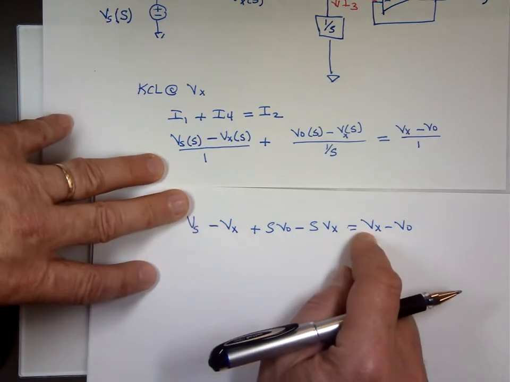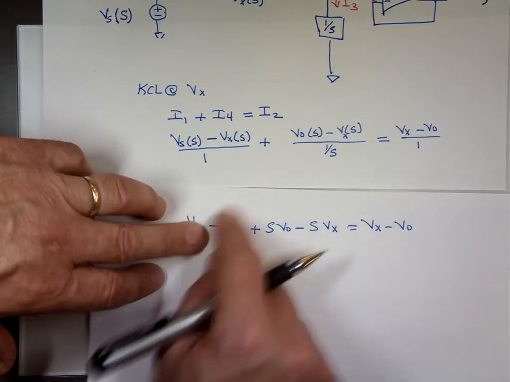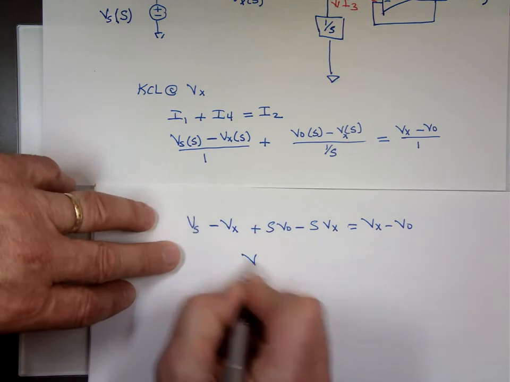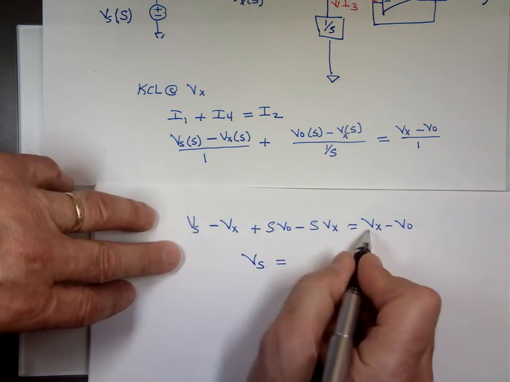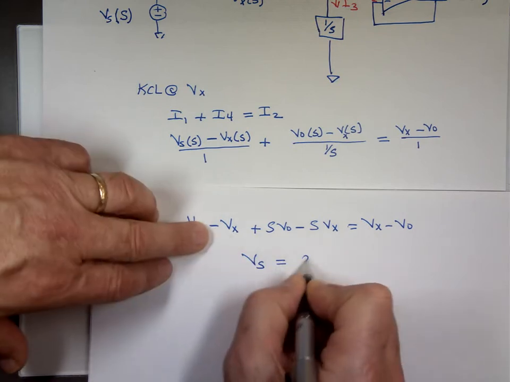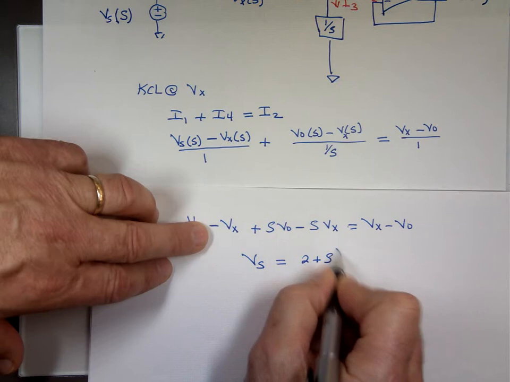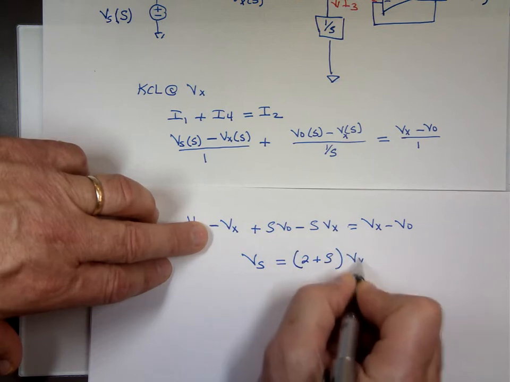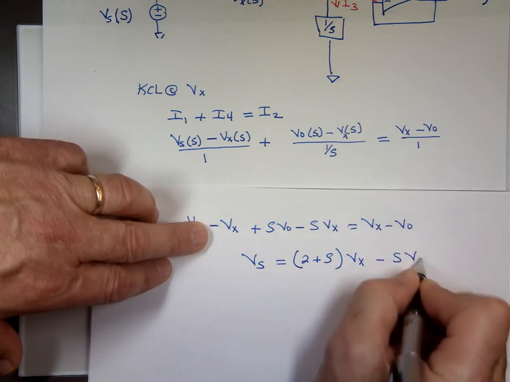Vx and V out, when you bring it to this side, so we have Vs here equals, let's look at Vx, you've got a 1 plus 2, 2 plus S, Vx minus S V out.